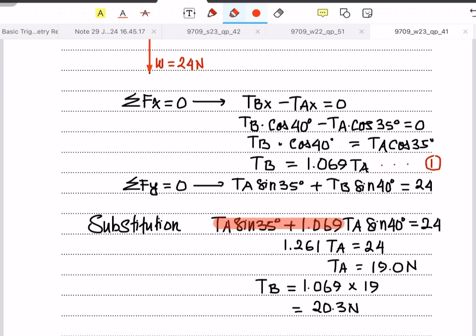The equation will be in terms of TA only. And then we simplify the equation into 1.261 TA is equal to 24. Therefore, TA is 19.0 Newton. Once we find TA, we can find TB using our first equation. So TB is 1.069 times 19, which is equal to 20.3 Newton.